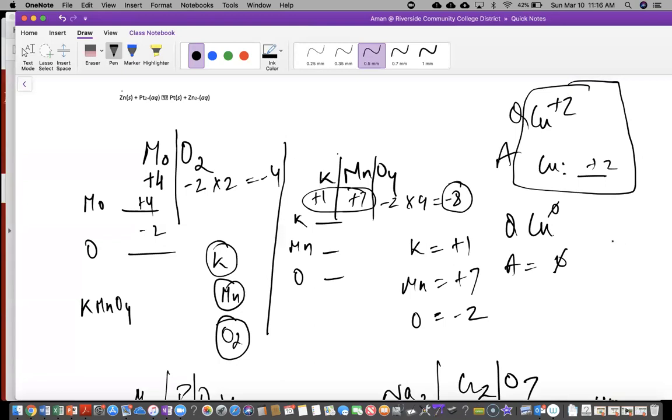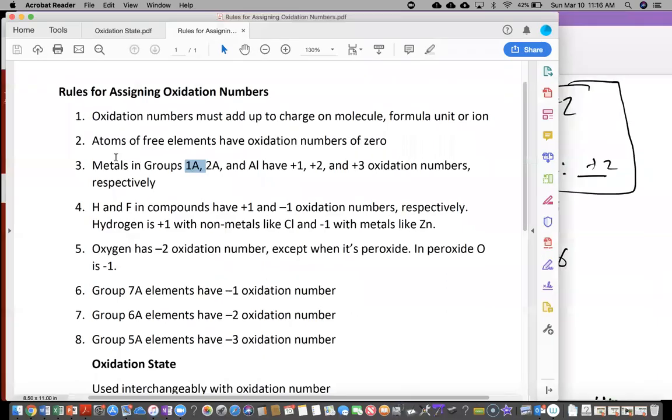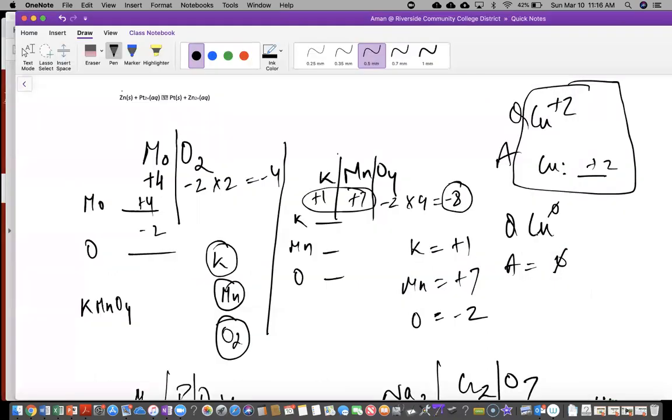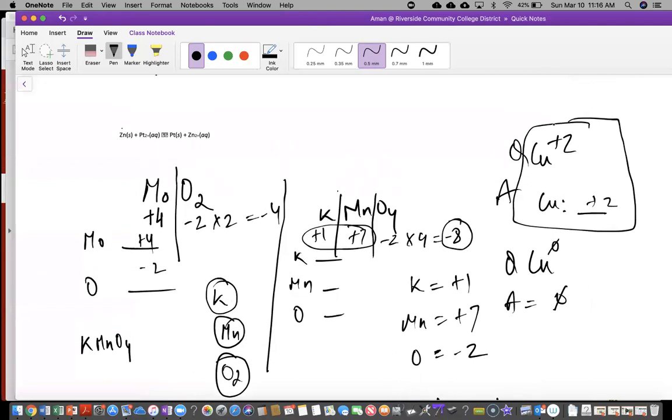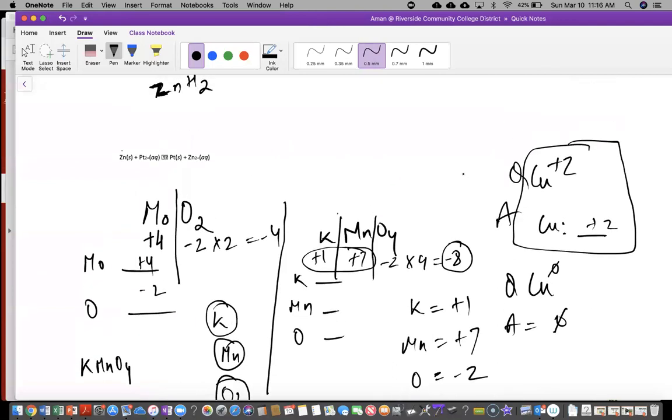Again, this is rule number 2: atoms of free elements have oxidation number of 0. This is a free element. This is not a free element, because it's saying copper plus 2. That means it has already given 2 electrons to somebody else, so it is not a free element.